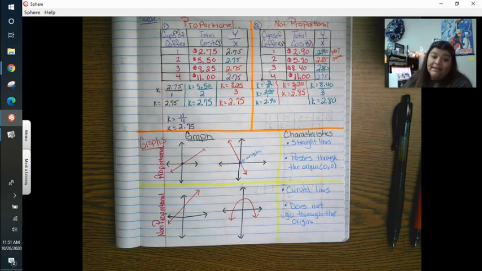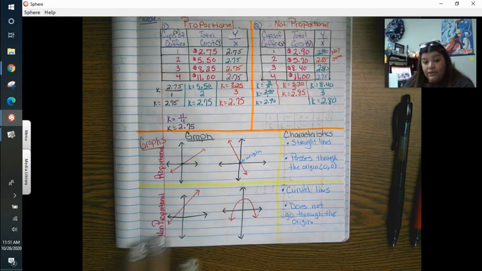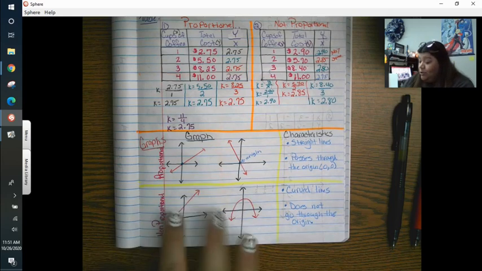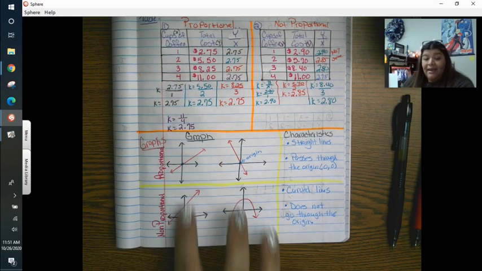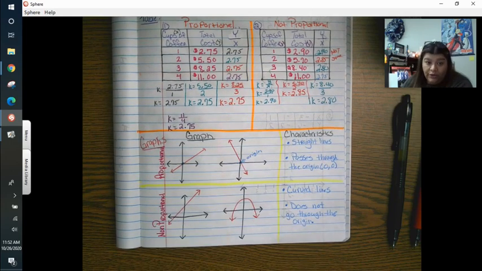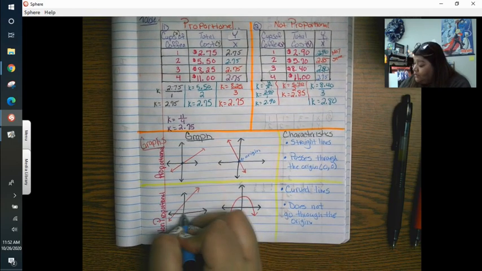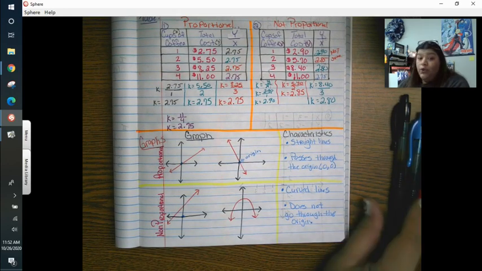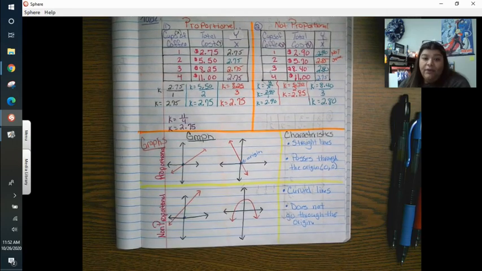Okay, so that's how you can tell a proportional graph versus a non-proportional graph. Proportional graphs are nice straight lines that go straight through the origin. Non-proportional graphs could be curved or they do not go through the origin, okay? Because the origin is right here. It's where the X and the Y meet, okay? So that's how you can tell the difference quickly on the graphs if you have a proportional relationship or not, okay?